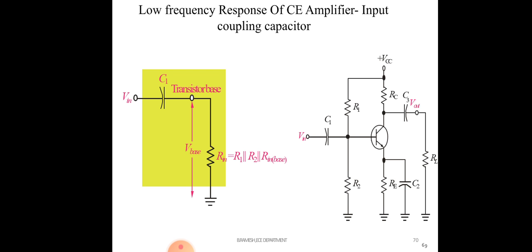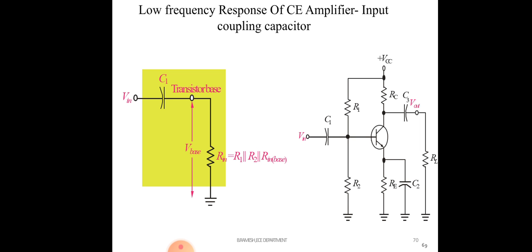Now the low frequency response of the common emitter amplifier, the input coupling capacitor. This is the input side section, a coupling capacitor and resistance, an RC network. There will be three RC networks in this circuit. The input side has this RC network, and in the previous slide we showed the coupling RC network.